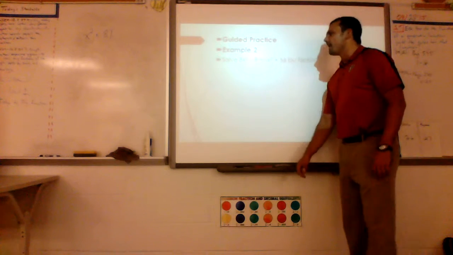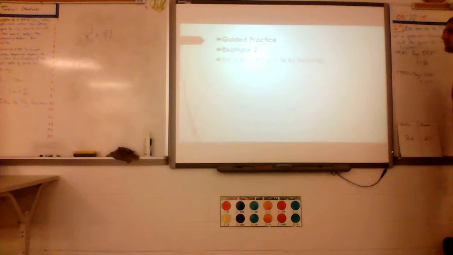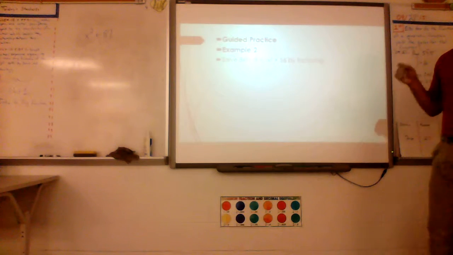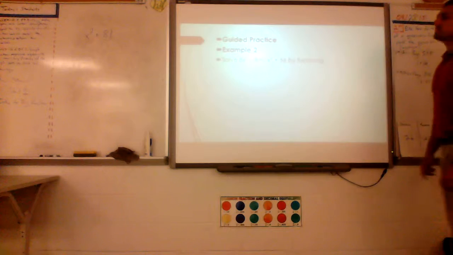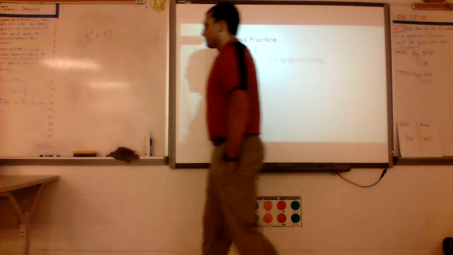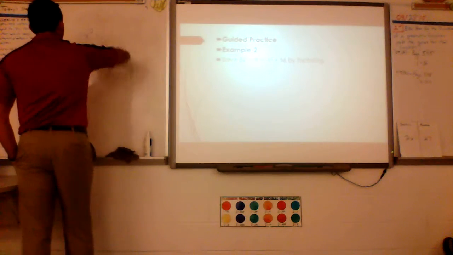It says solve 8x squared minus 8 equals negative x squared plus 56 by factoring. First thing, here's a hint. Is that in ax squared plus bx plus c equals 0 form? No, it needs to be in that form. It needs to get there. Take a second, copy it down.